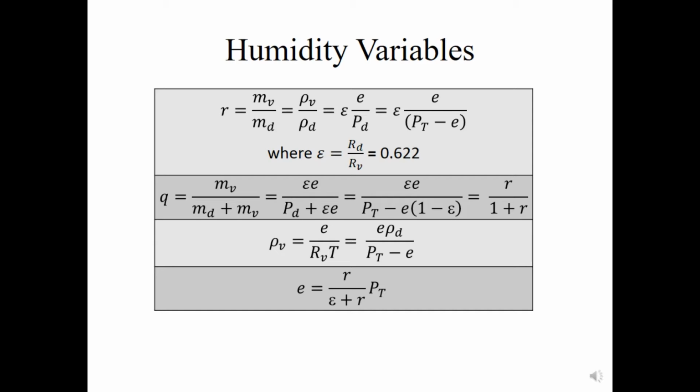The Stull textbook uses r, so that's what we're using for the humidity variable in this class. So we have the mixing ratio, we have the specific humidity q, and then from the ideal gas law, we have the density of the vapor, and then we also have the water vapor pressure as well.